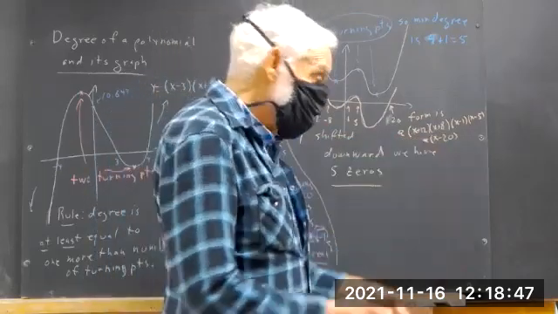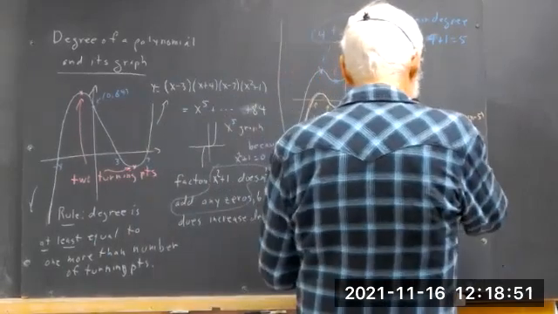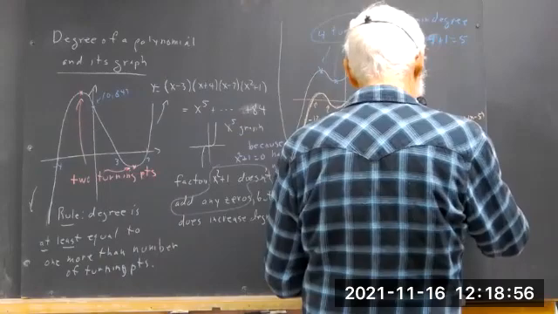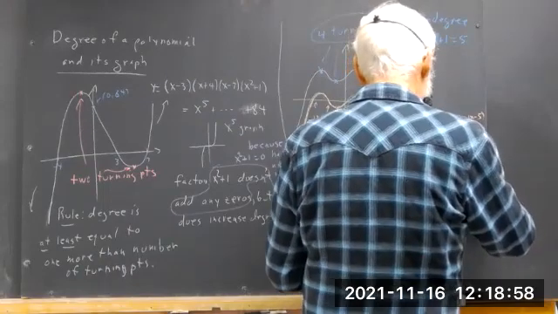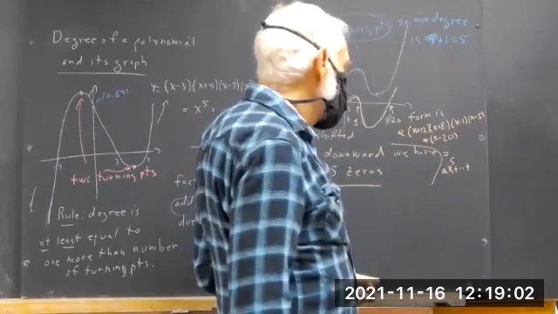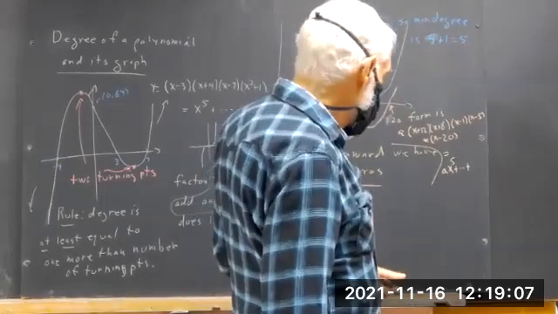This is a degree 5. And then on the end, you have whatever these numbers multiply out to. Let's see, 12 times 8 is 96.